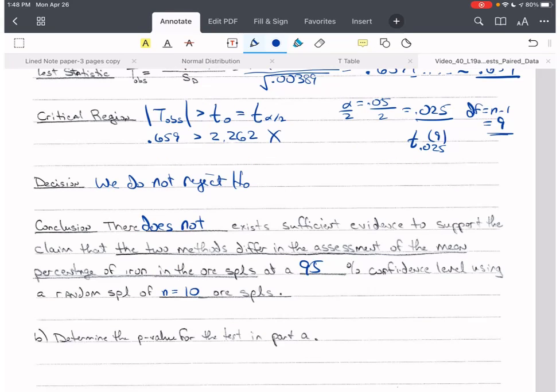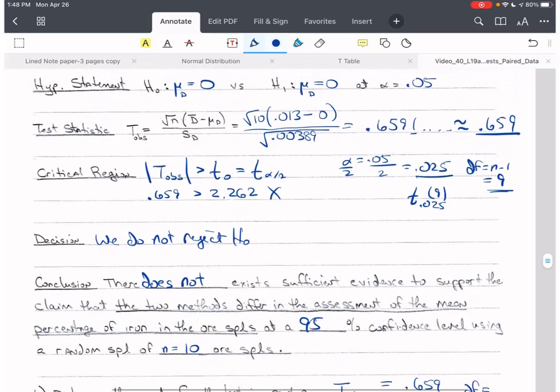Let's determine the p-value for the test in part A. Now, we used t observed, right? So we won't be able to find an exact value. We'll have to find a range of values. And so our t observed was 0.659, and the degrees of freedom is 9.